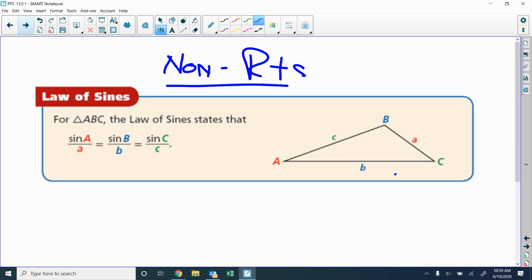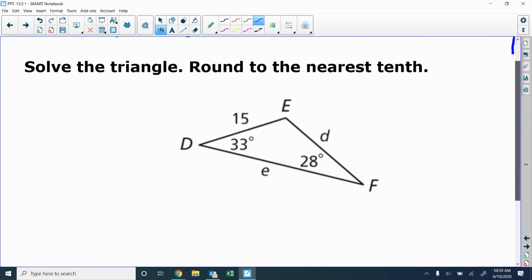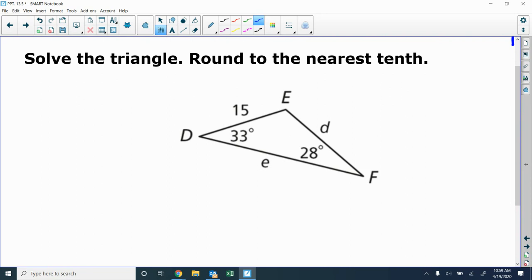Let's do one and take a look at what we've got. We're going to find all the pieces, the parts of this triangle right here. Let's get after it. First of all, we can get angle E. So what does the sum of the interior angles have to be? It has to be 180.